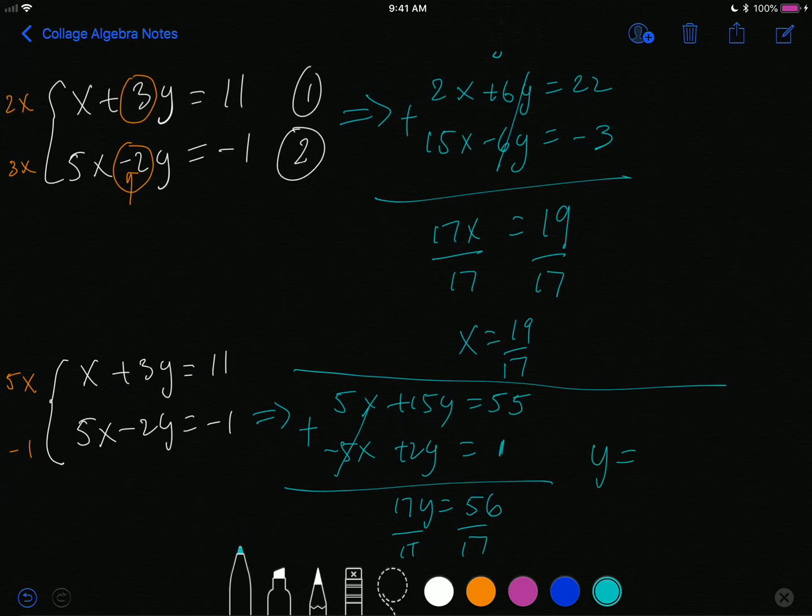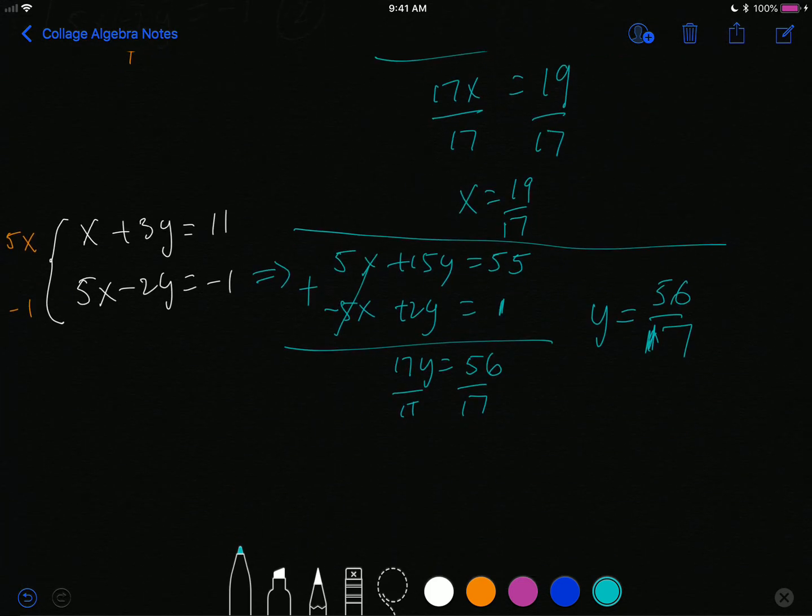And so I get that y equals 56 over 17. And so my solution set is going to be 19 over 17, comma, 56 over 17. Not that bad, right? So that's your solution set.